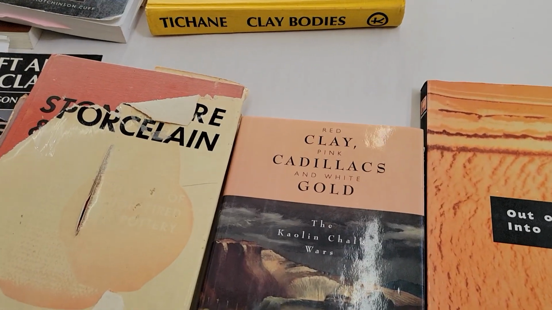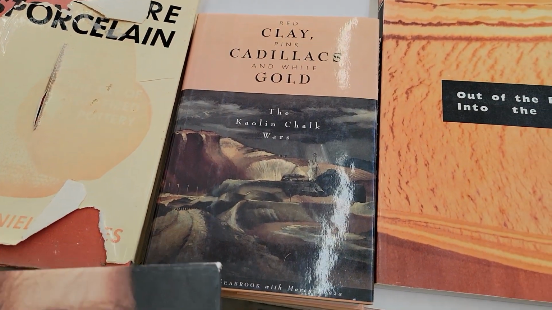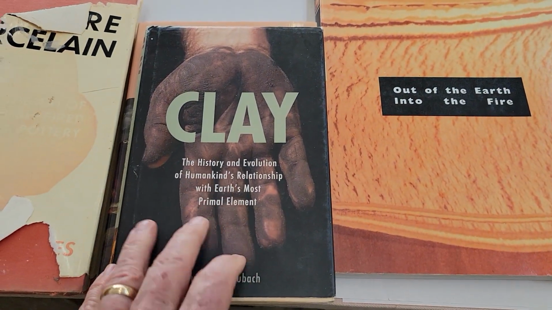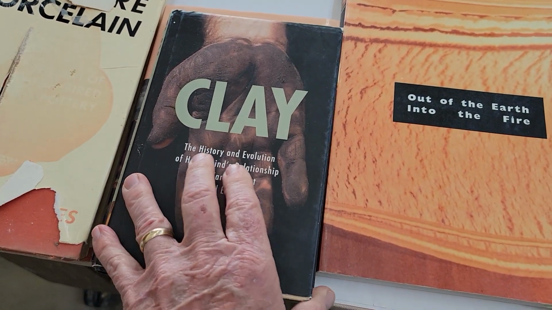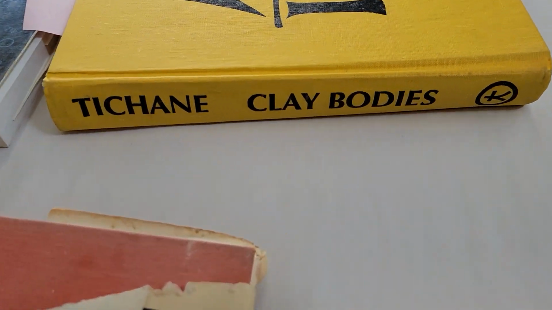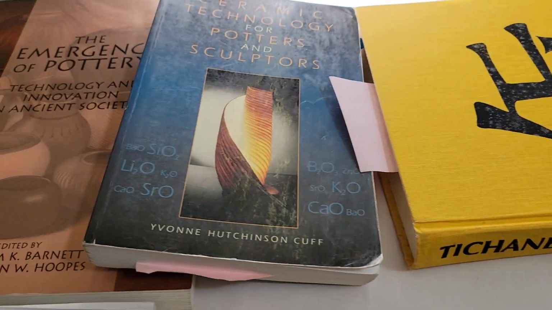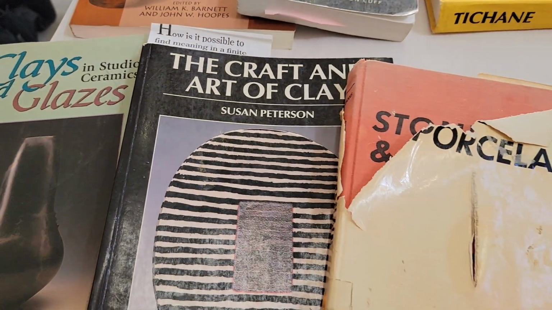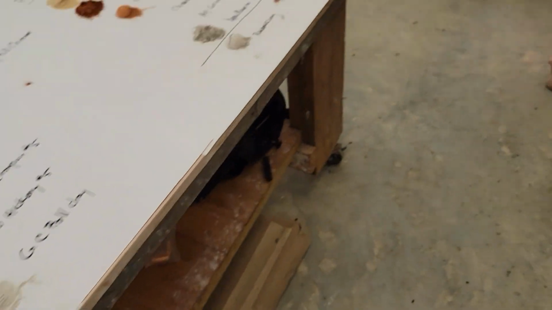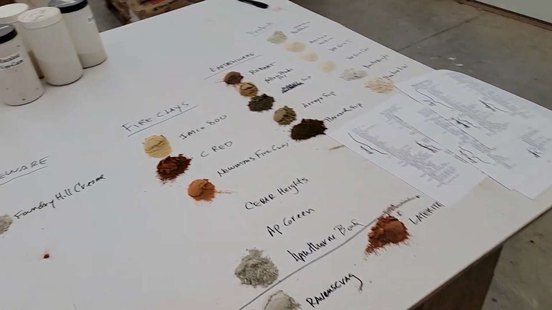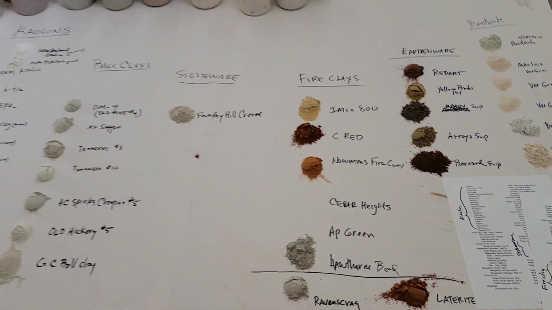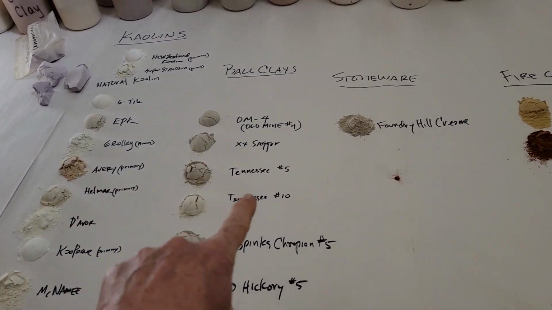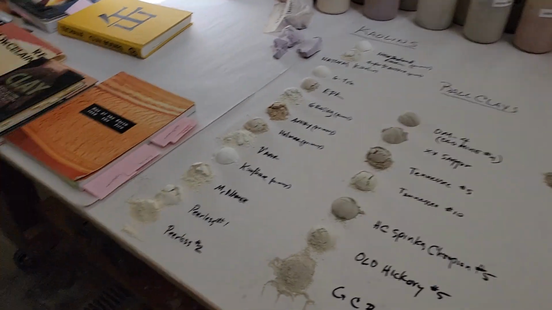Here's a crazy book on porcelain from Georgia. This is a really good book if you ever get it. This is the uses of clay products. There's Robert Tichane's Clay Bodies. This one is good. I showed you this last time. And then there's just tons of other books, so I won't go into it; you can do that yourself. These are the clays I have. I have a bunch of kaolins and balls, so I'll show you that in a minute.